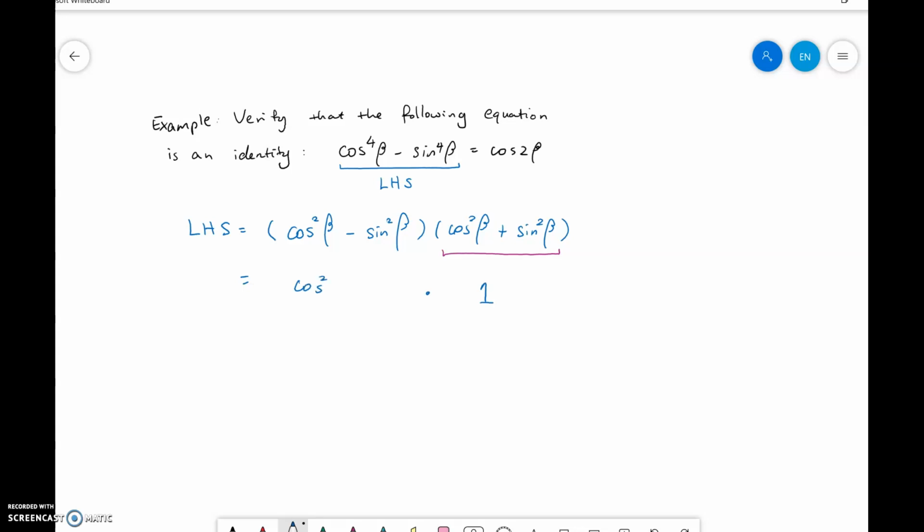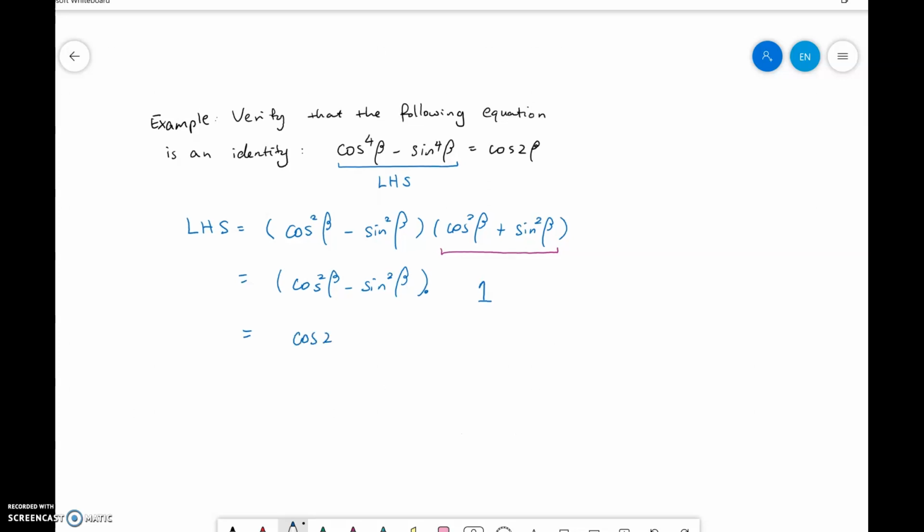So I end up with cosine squared of beta minus sine squared of beta, which from the double angle formulas gives me cosine of 2 beta, equal to the right hand side.